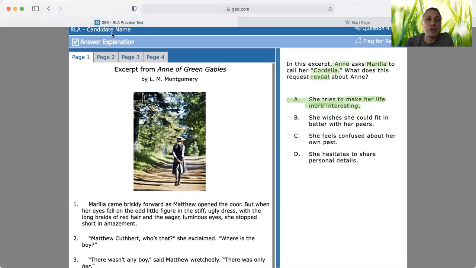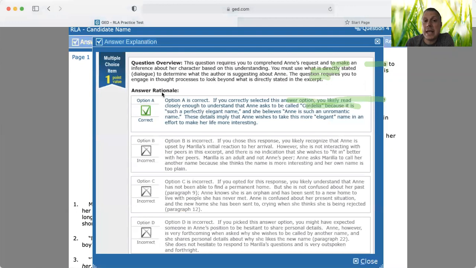So can we check the answer just to be safe? There you go. Part A. Let's see what they're saying here on the rationale. Option A is correct. If you correctly selected this option, you likely read closely enough to understand that Annie asked to be called Cordelia because it is such a perfectly elegant name, as she says. And she believes Annie is such an unromantic name.